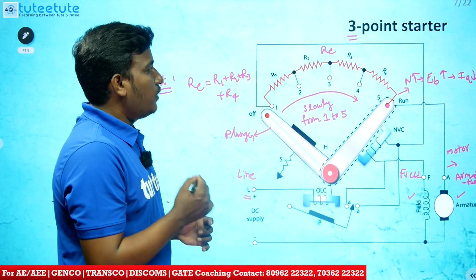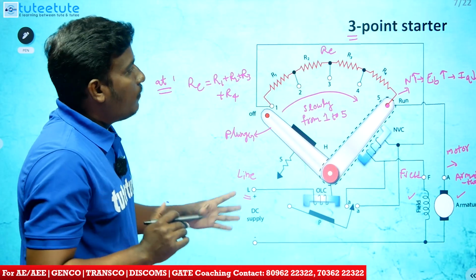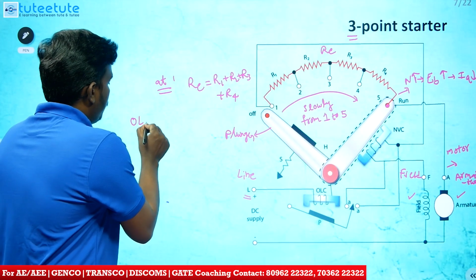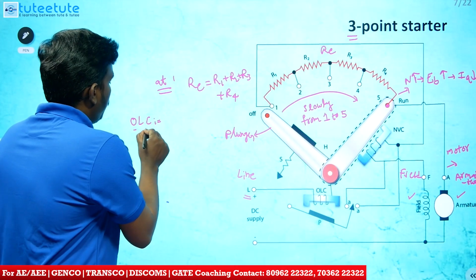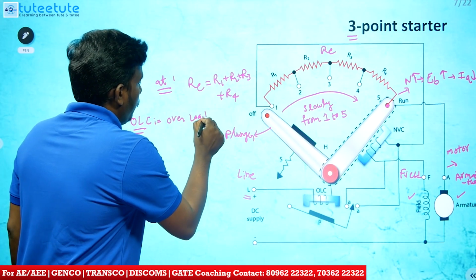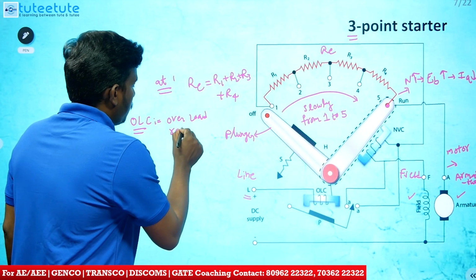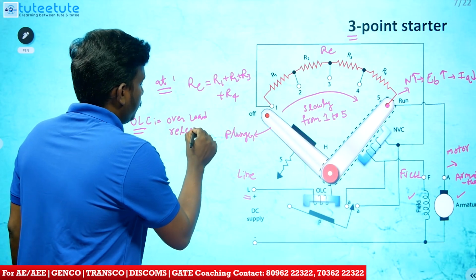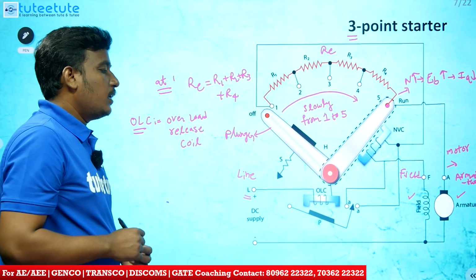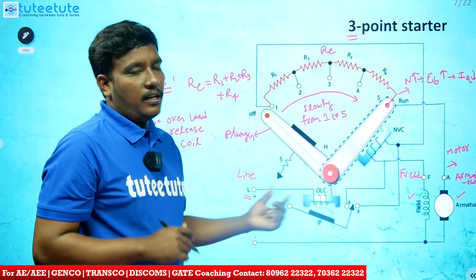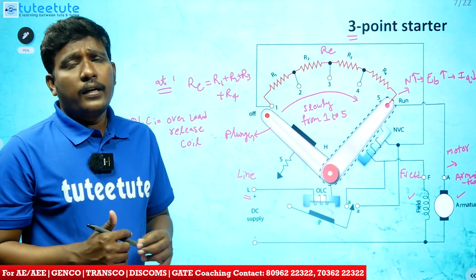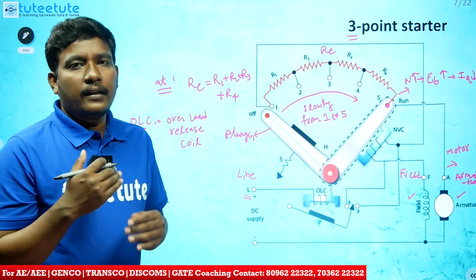We will discuss the different operators in our 3-point starter. First one is OLC, the overload release coil. It has some settings, for example 2 times or 3 times the rated current, which is the safe current the motor can carry.